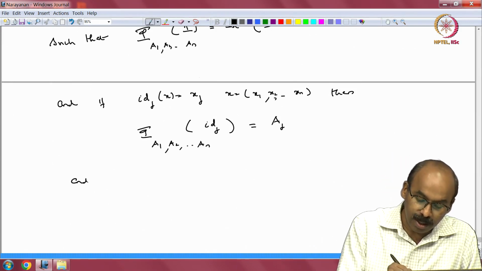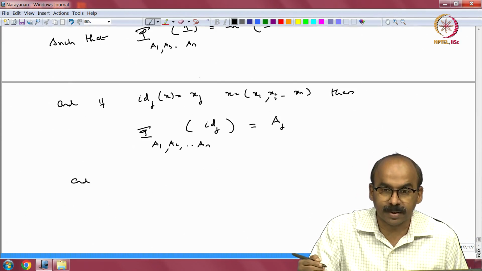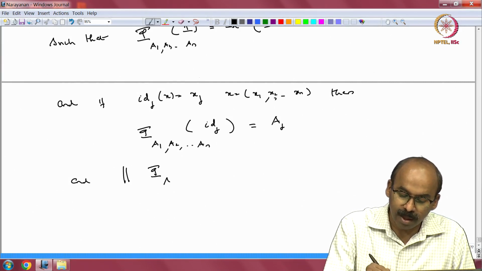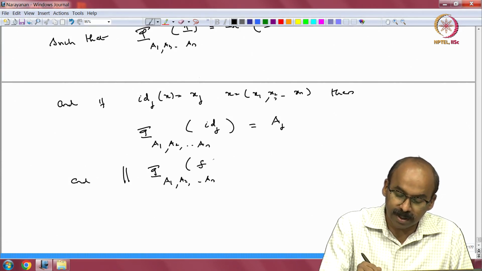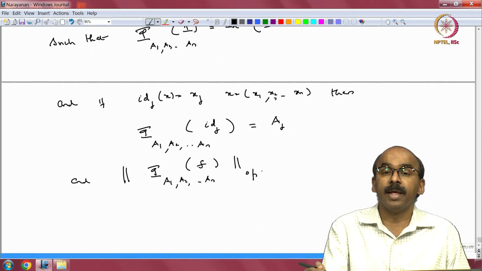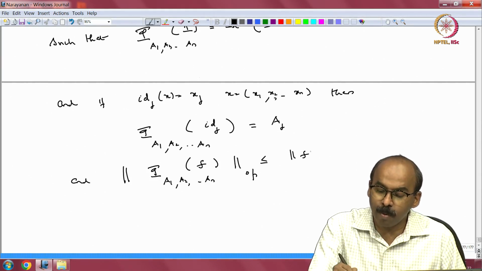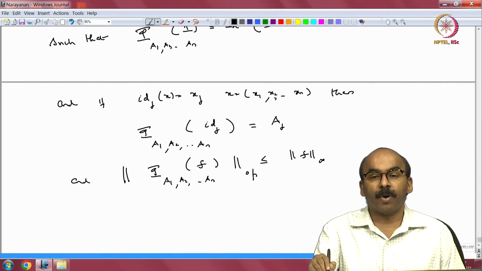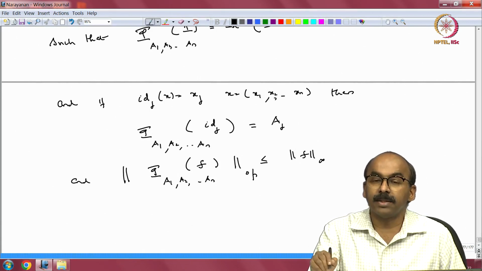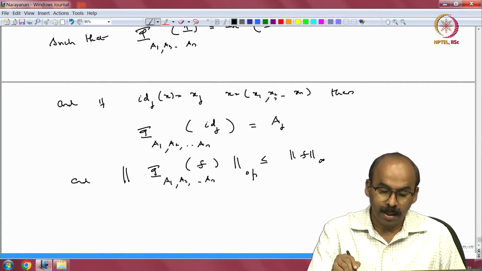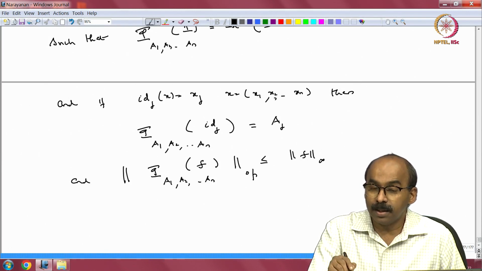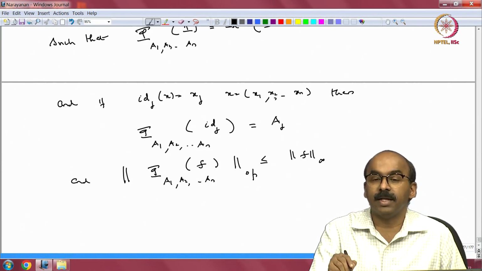And of course, the homomorphism is continuous, and we have a precise estimate. If I look at phi a1 a2 etcetera a n of any continuous function f, defined on the product of these intervals, the operator norm of the image under this homomorphism is less than or equal to the supremum norm of f, the infinity norm.